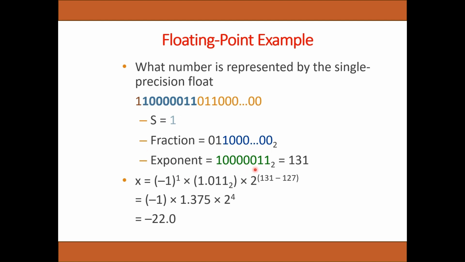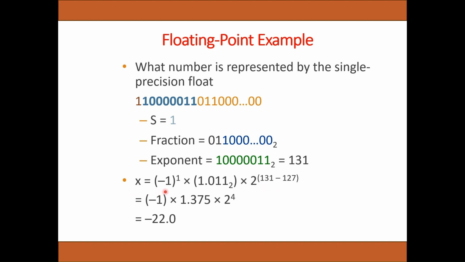This exponent is actually 131 from binary to decimal conversion, but this is a biased exponent, so here we subtract 127. So it will be 2 to the power 131 minus 127.